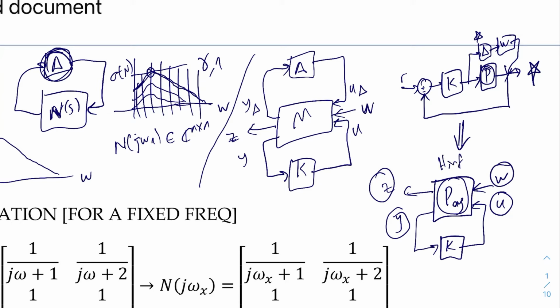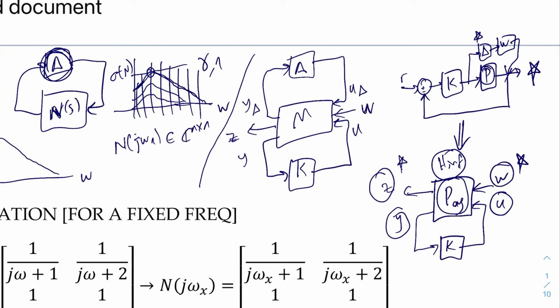Okay, and this is the H infinity framework, where we are only considering exogenous disturbance signals, and we are trying to mitigate the effects of exogenous signals on Z, meaning our objectives, let's say error tracking abilities or something. This type of issue we are dealing with in H infinity control design.